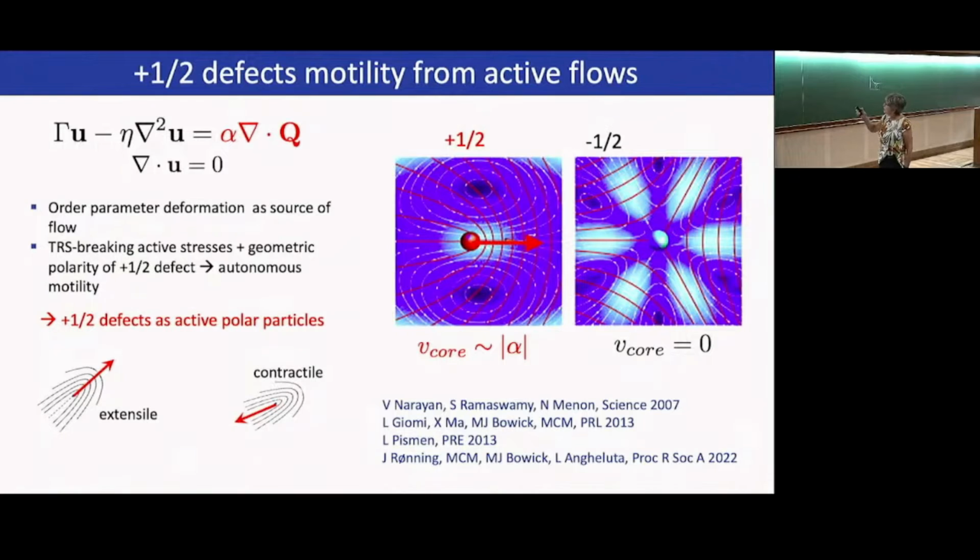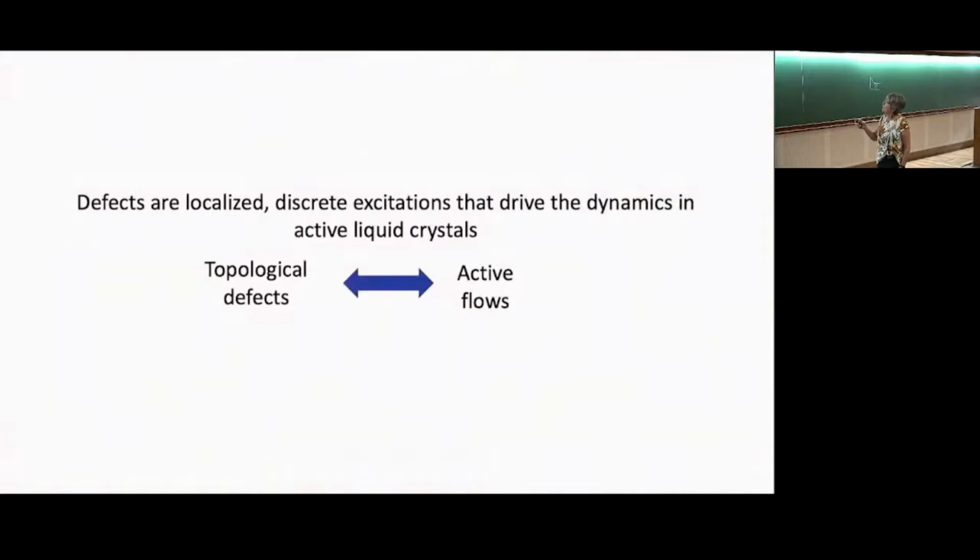Now, this is all something we did quite a long time ago, but what I want to tell you about today is the fact that there is essentially a one-to-one correspondence between the dynamics and statistics of the topological defects and the statistics of the active flow, characterized, for instance, by the distribution of flow vortices.